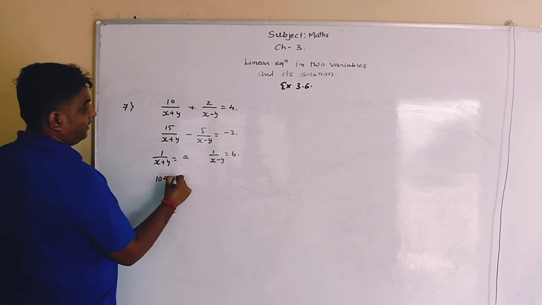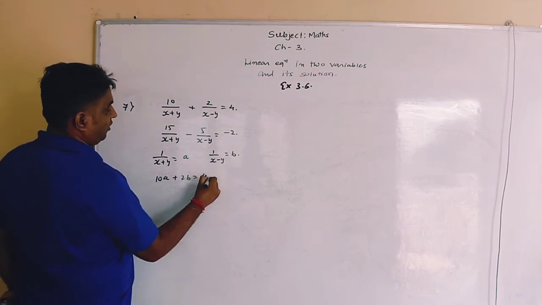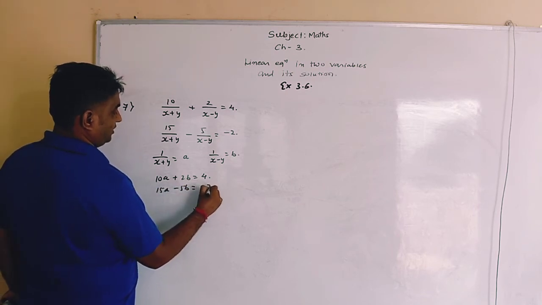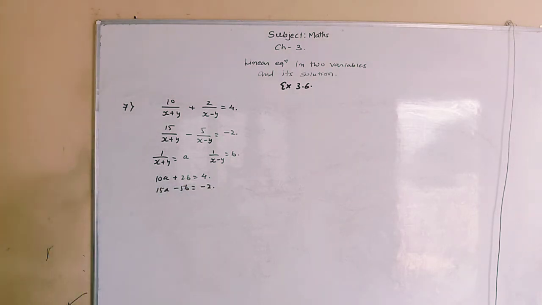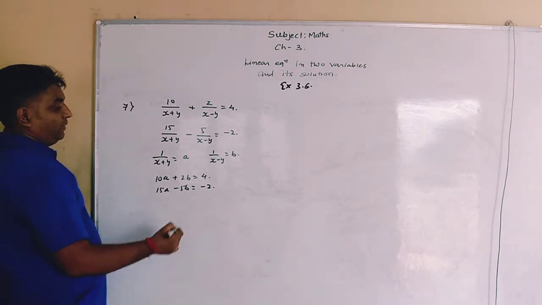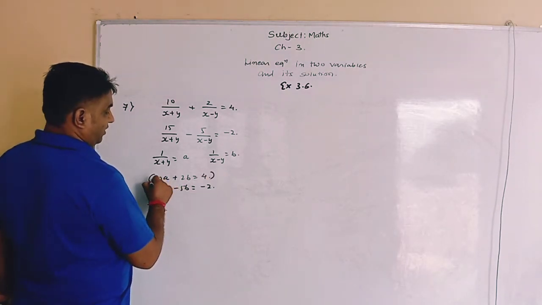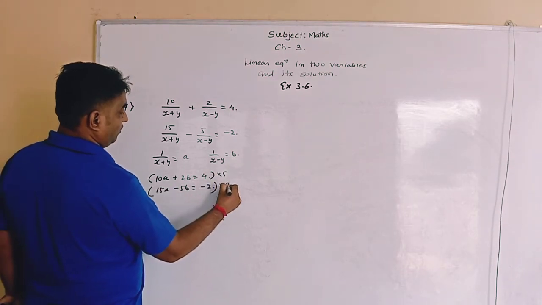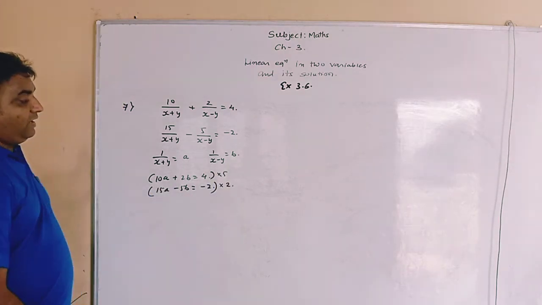So 10a plus 2b equals 4 and 15a minus 5b equals minus 2. So here to eliminate, equation 1 multiplied by 5 and equation 2 multiplied by 2, and then adding them.